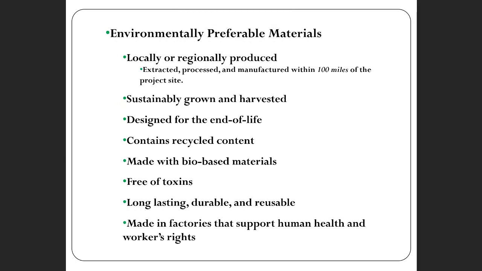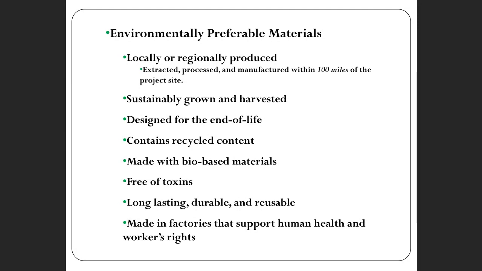Right? What are environmentally preferable materials? Right, here's some of the attributes: locally or regionally processed. You know, in LEED World, that's within 100 miles of the project site. Sustainably grown and harvested. Designed for the end of life. What does that mean?